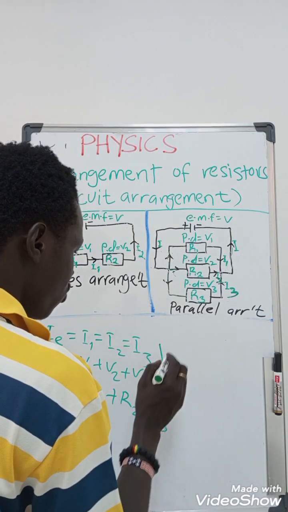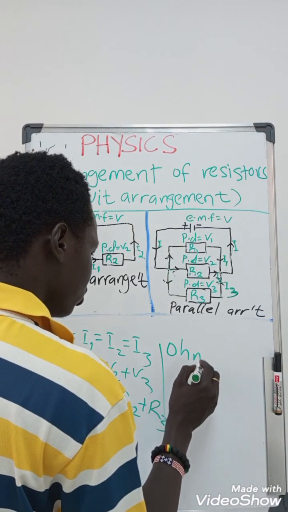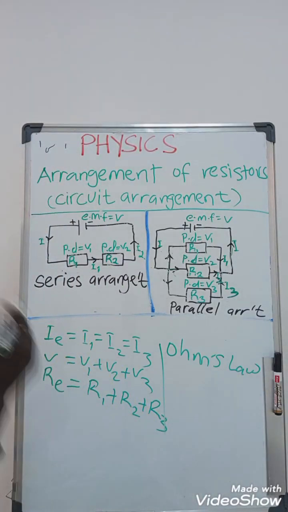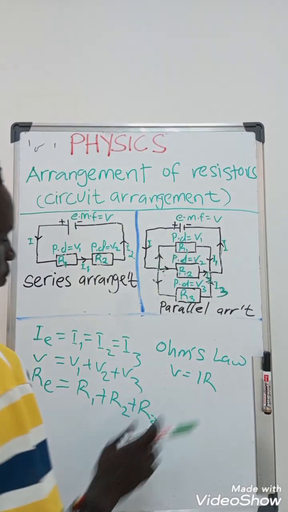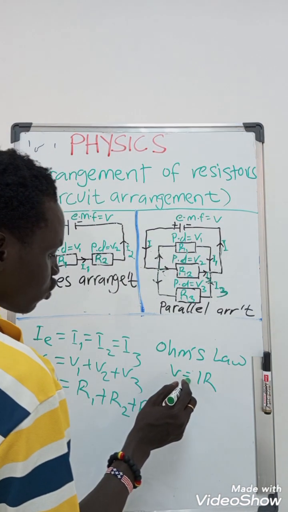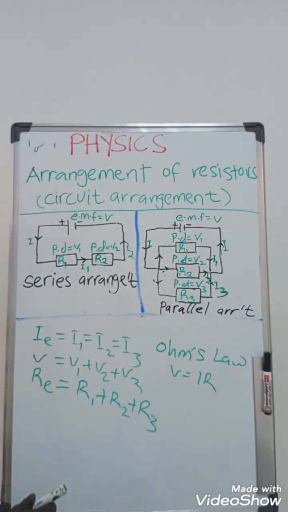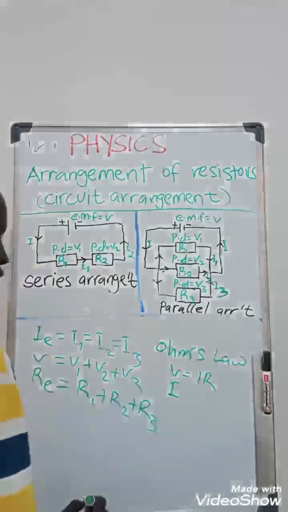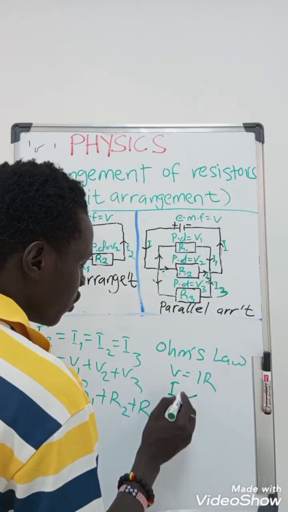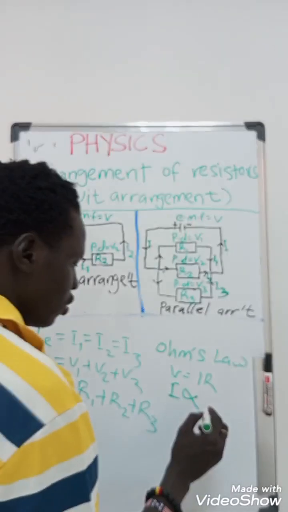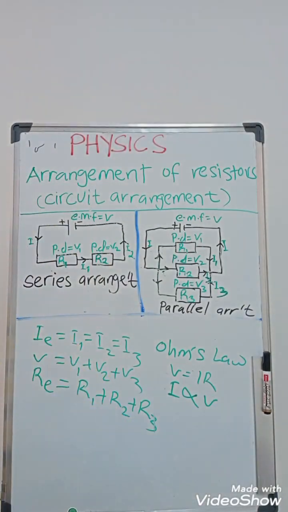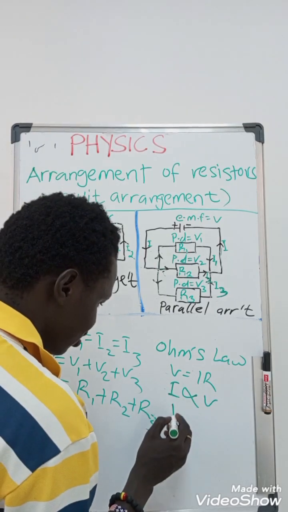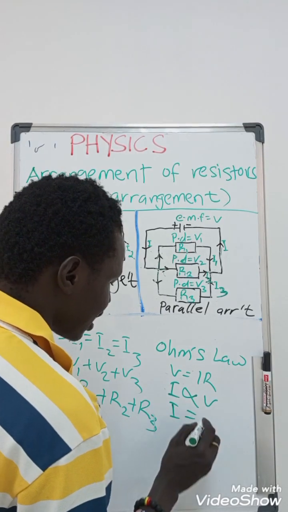As we know from Ohm's law, V is equal to IR, whereby we say current is directly proportional to potential difference, whereby R is constant.